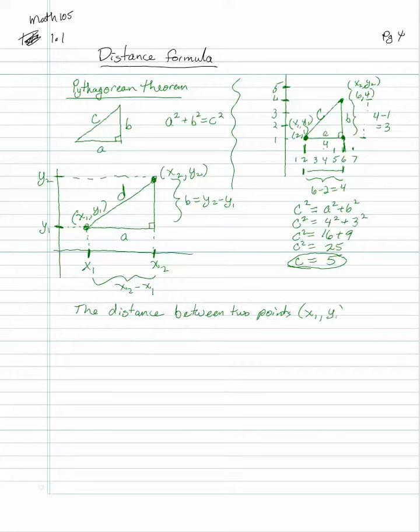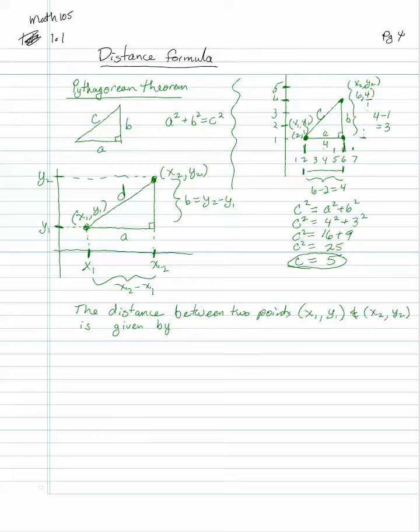The subscripts are just distinguishing characteristics to say, hey, x sub 1, y sub 1 is point 1. So that's the x coordinate for point 1, the y coordinate for point 1. X sub 2, y sub 2 is given by, okay, so I'm going to leave it blank. Let's go back up here and see if we can figure out the formula.